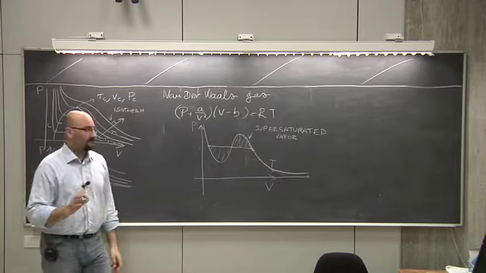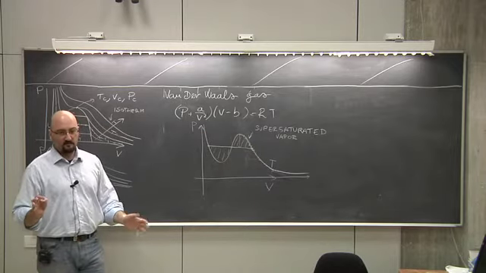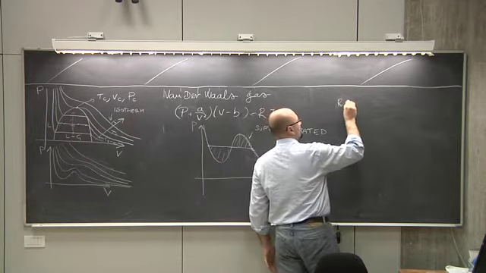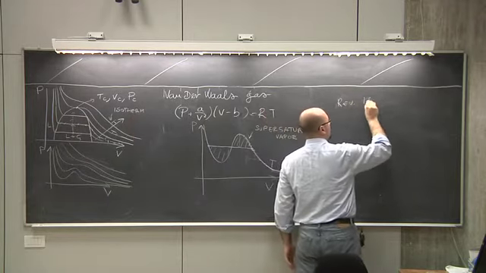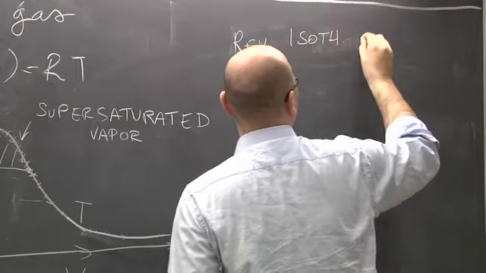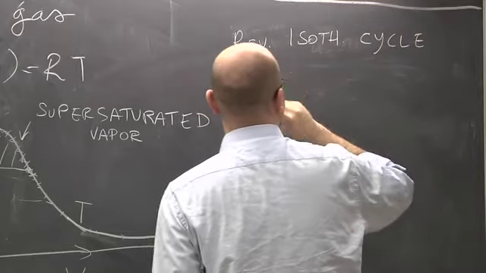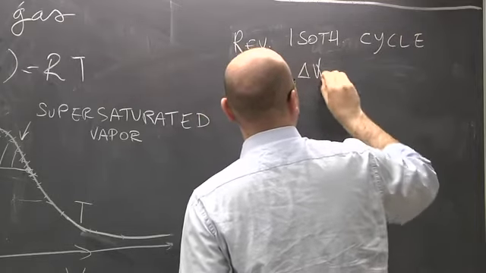Isothermal cycle, not just transformation, of course, it has to be a cycle. So if we have a reversible isothermal cycle, then dW is equal to 0.